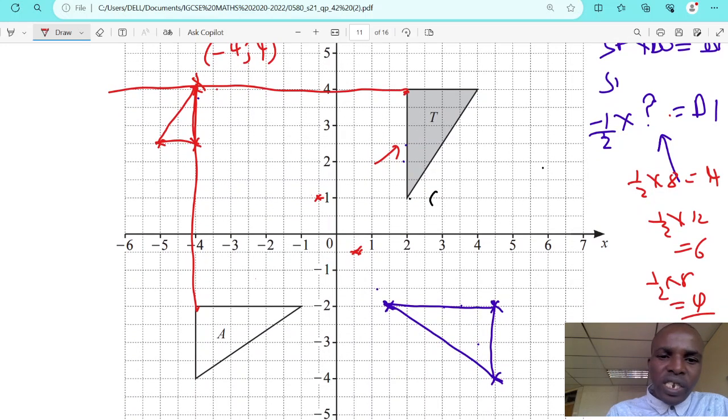Then you take another point like this one and this one. Where they are meeting, it means the line is passing through that point. So it means my first point was wrong, but the second point looks like it's correct. I'll just have to remove it. So the line is passing through these points.